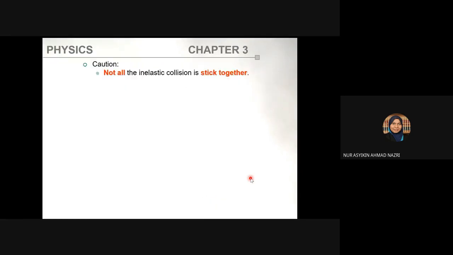It's not a must for them to stick together. Sometimes it can also just follow with the same velocity, same direction, same velocity after the collision. So it's not necessary for them to stick together. Alright.